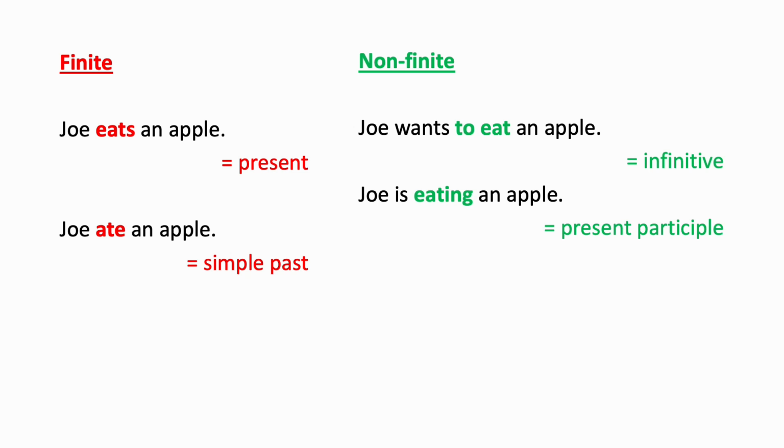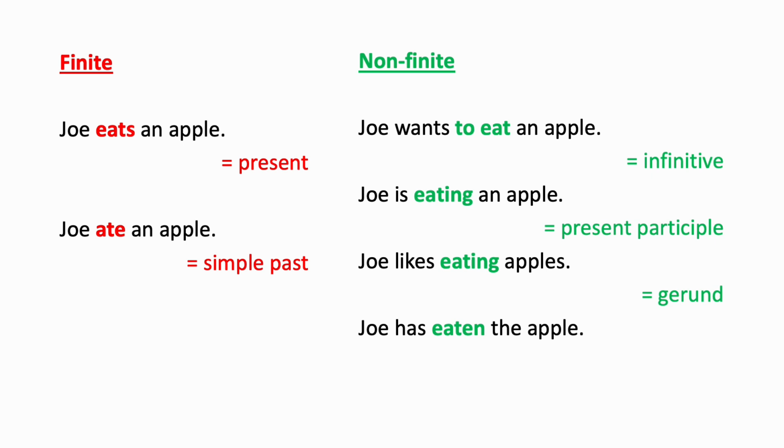The ing form, like eating or dancing or singing, also does another job: Joe likes eating apples. That's called the gerund, where you use the ing form, the same as the present participle, but as if it were a noun, because you're saying that eating apples is a thing that you like. Whenever you use an ing form of a verb as if it were a noun, that's called a gerund.